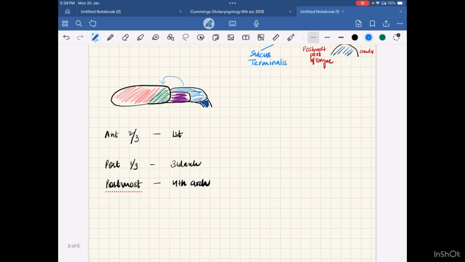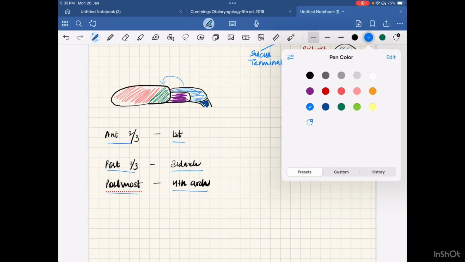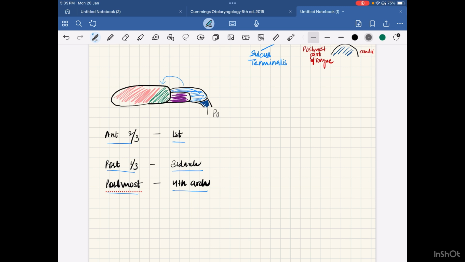So, conclusively, anterior two-third is formed from the first arch, posterior one-third is formed from the third arch, and posterior most from the fourth arch. As we see here above, this is the posterior most, this is the posterior one-third, this is tuberculum impar, and this is what? Lingual swelling. So this one is the anterior two-thirds, this is the posterior one-third.